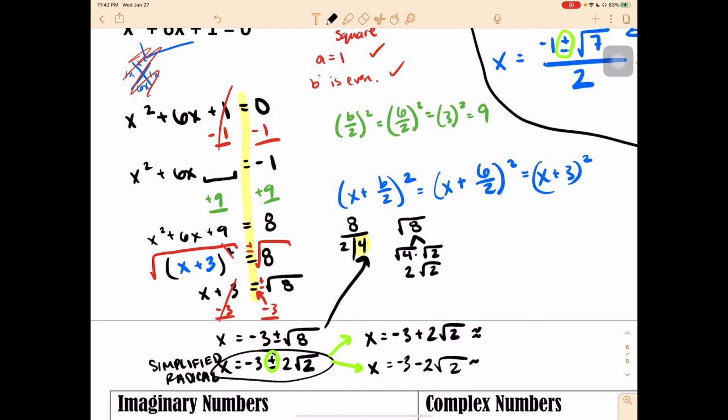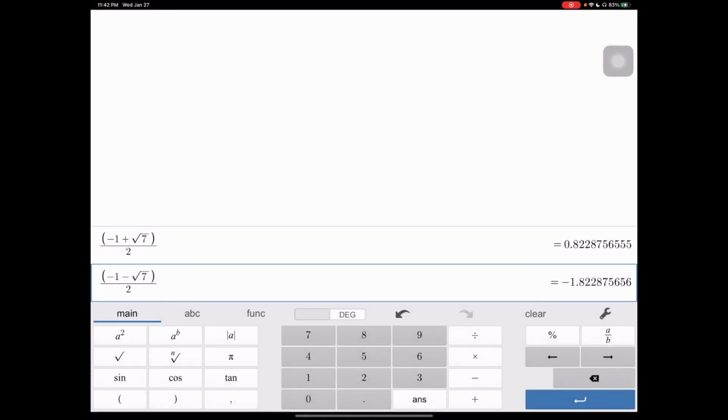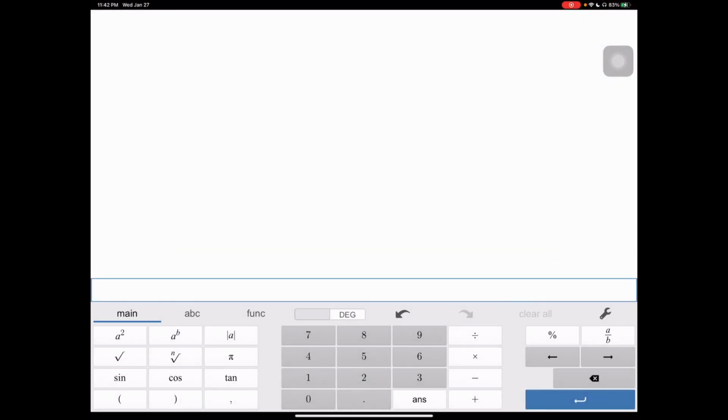So we want to plug that into the calculator because we're definitely going to get a decimal. So here we're going to have negative 3 plus 2 root 2. Oops, there we go. Okay. And then we have negative 3 minus 2 root 2.